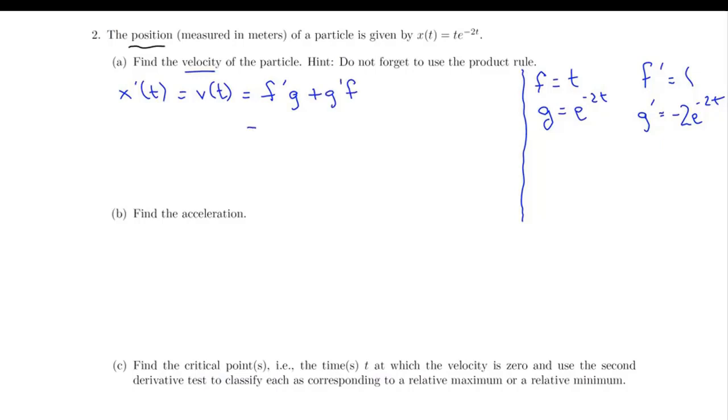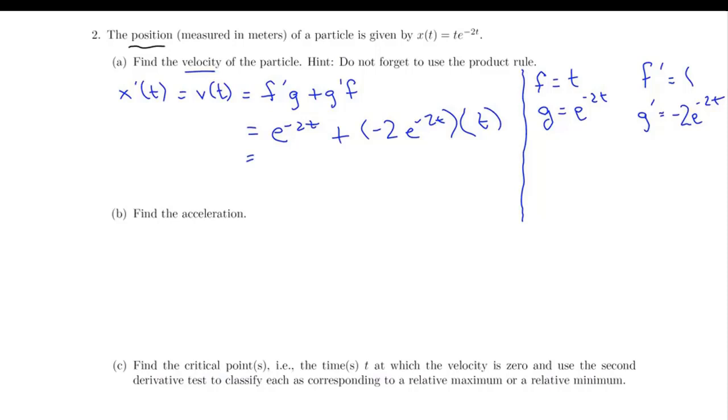And so now I just plug in my values. F prime is 1. G is e to the minus 2t. And then plus g prime. G prime is minus 2e to the minus 2t times f, which is t.